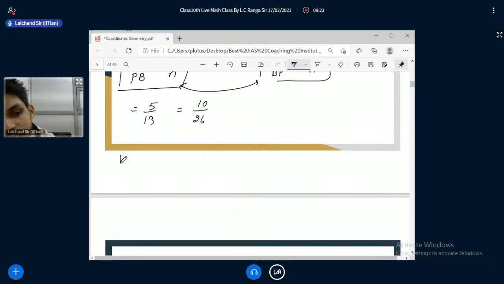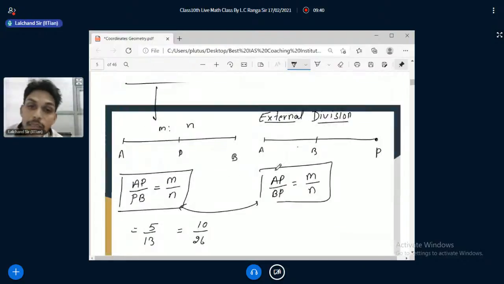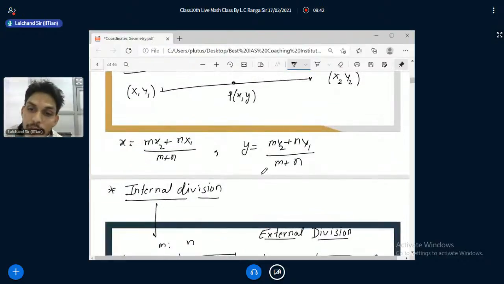Okay, so if we write the formula for external division, then this plus sign will change into a minus sign.